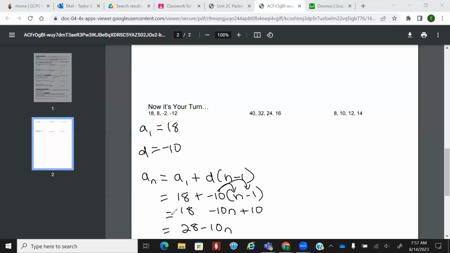Let's say that they want us to find the 20th term, or the 10th term. My bad. Let's say they want us to find the 10th term. That means that in this equation, we're going to plug in 10 for n. So we're going to get 28 minus 10 times 10. So negative 10 times 10 gives us negative 100.